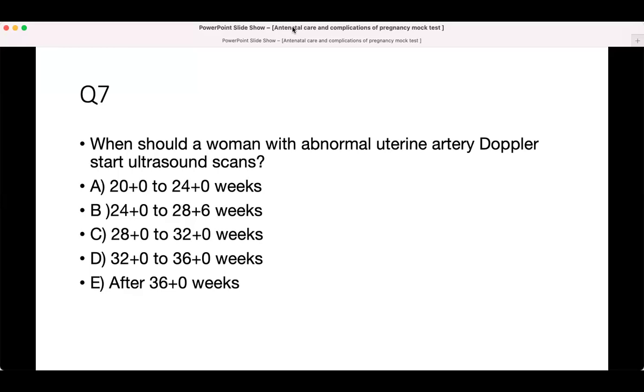Okay, so B, excellent, everyone. Yes, correct. So this is from 24 to 28 plus 6 weeks.